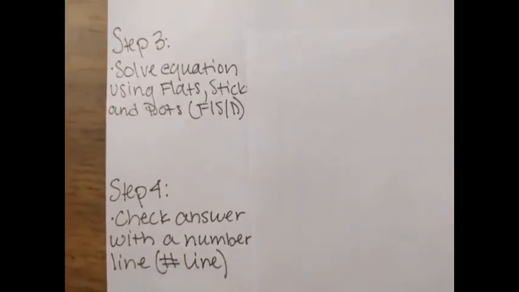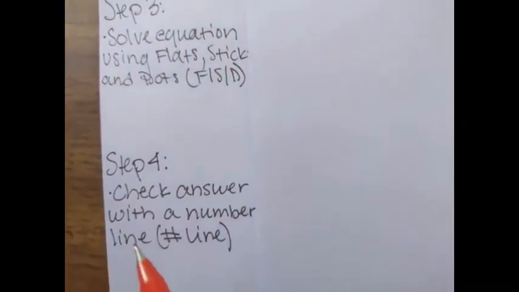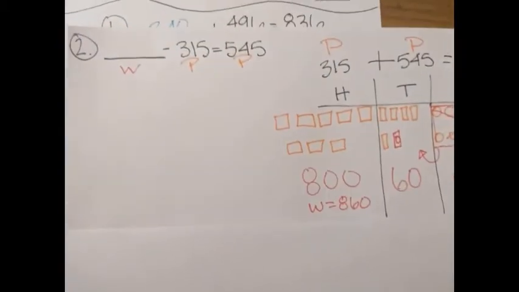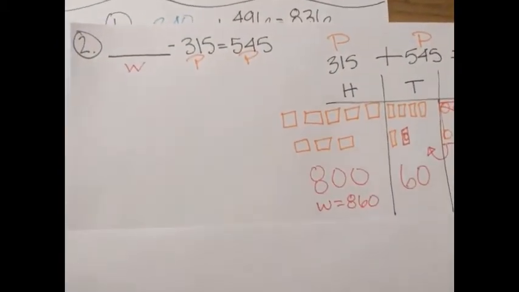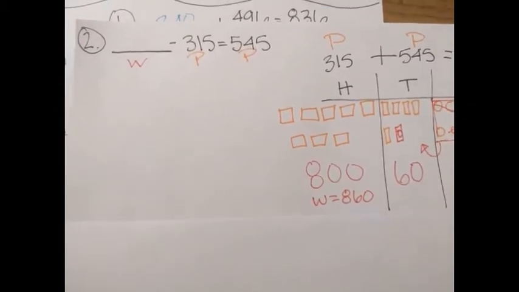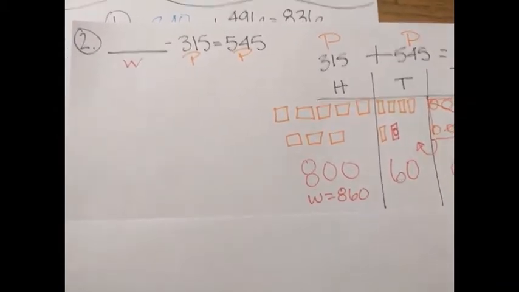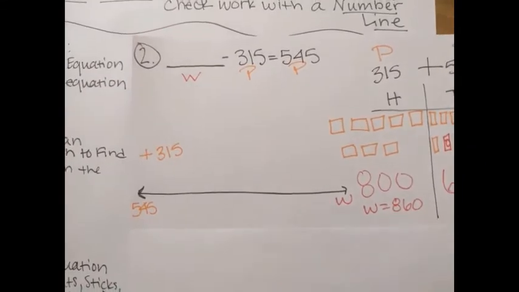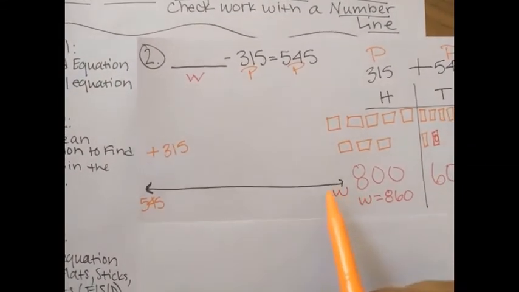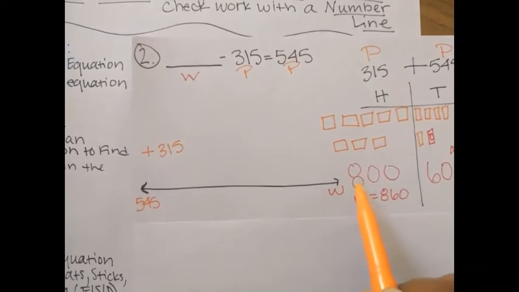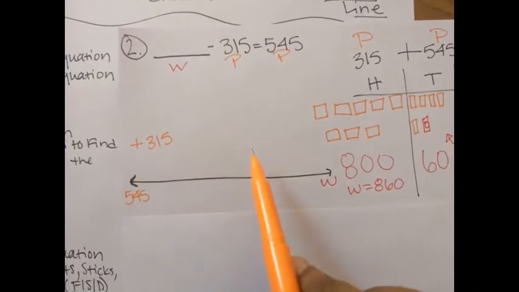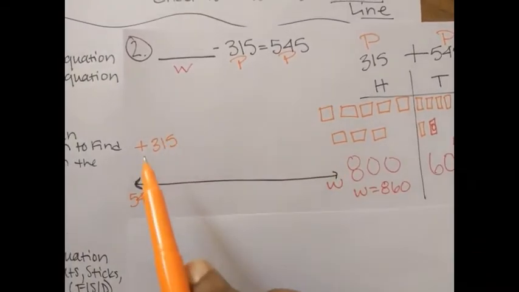After we have finished step 3, we are ready to do step 4, which is check our answer with a number line. When we come back, we will have our number line ready to go so that we can check our answer. When we have a number line for addition, we still hope to find our whole number on this side, one of our parts on this side, and another one of our parts will be representing our jumps.